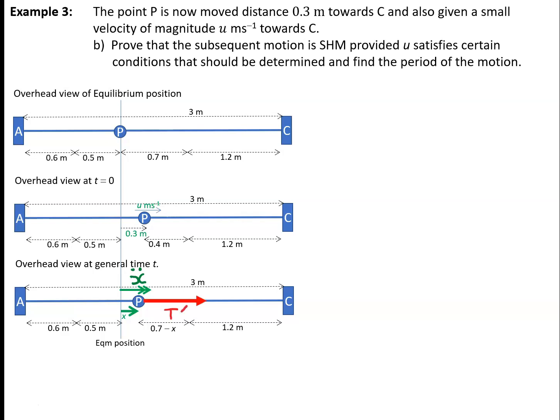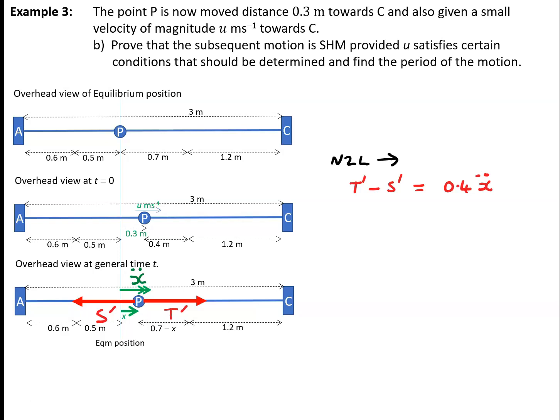Adding the forces on, we've got the two tensions again. Applying Newton's second law to the right, we've now got T dash minus S dash must equal 0.4 times x double dot. Now for T dash, the extension now of the string PC is 0.7 minus x, and the extension for the string AP is now 0.5 plus x.